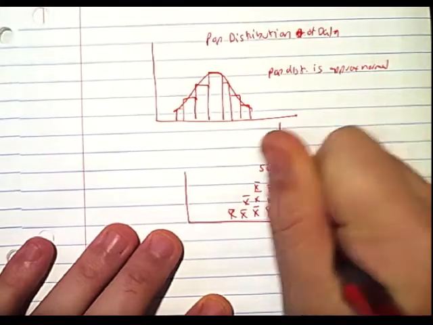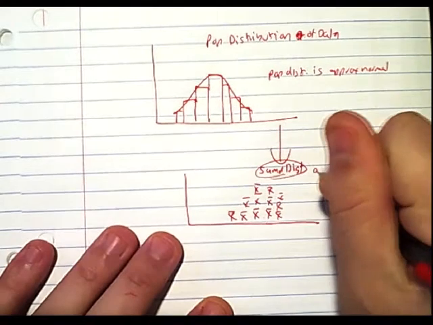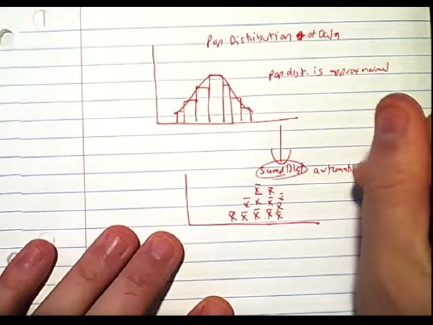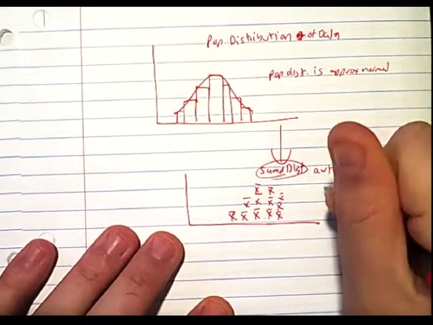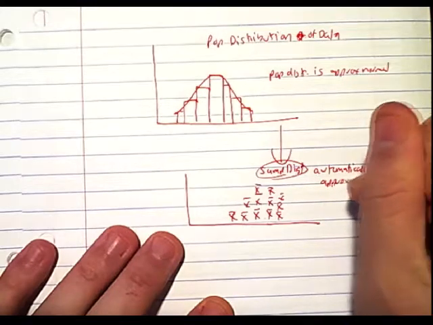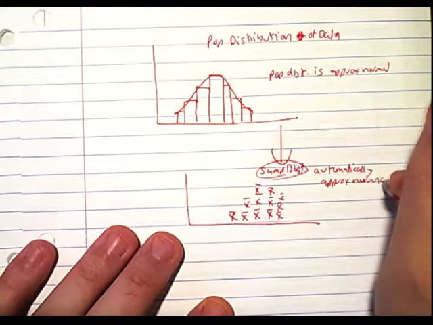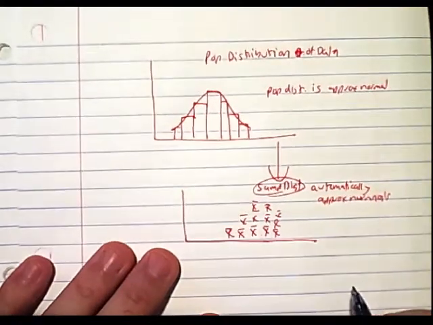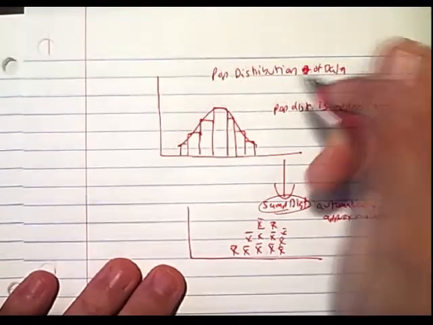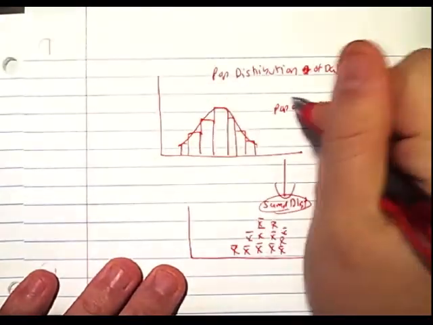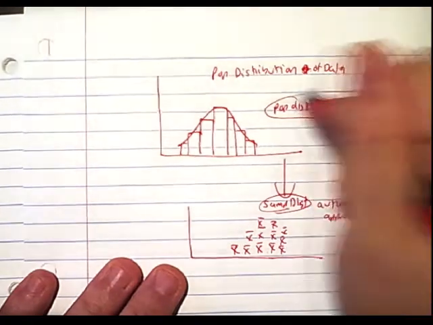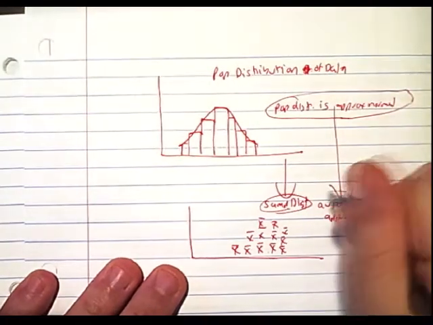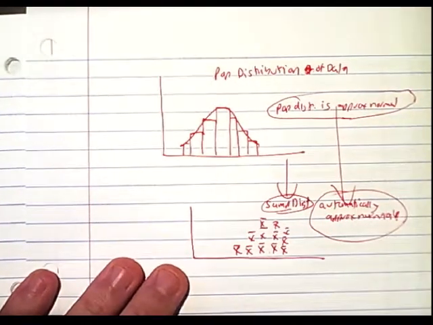Then the sampling distribution is automatically approximately normal. So if the population is approximately normal, automatically the sampling distribution is approximately normal.